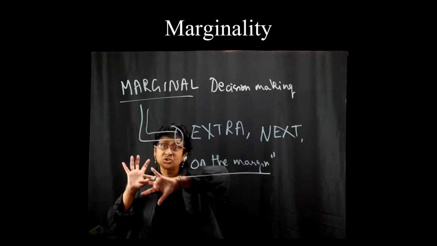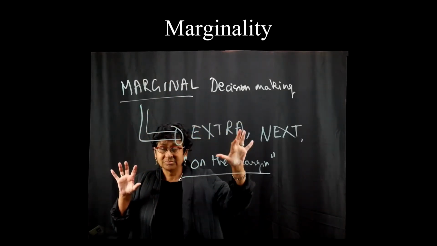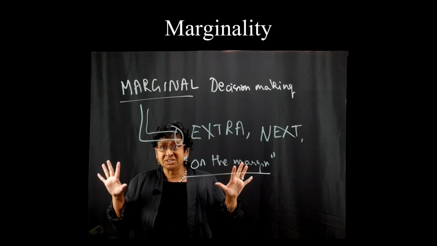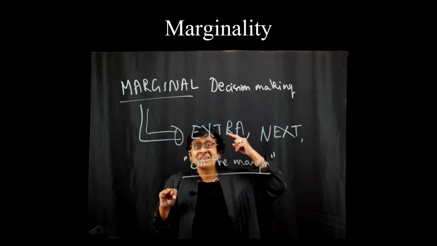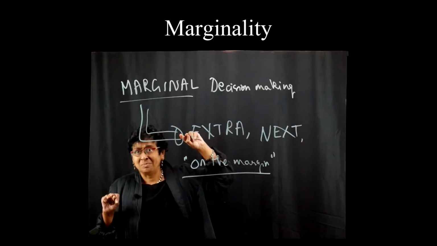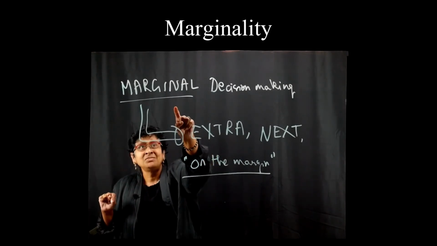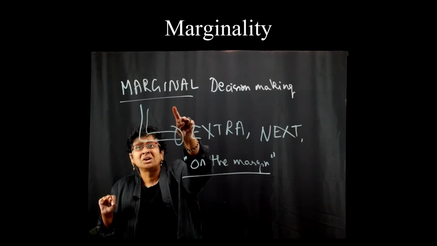So just remember, there's a social environment in which decision making happens, competitive markets, and there is a behavioral decision making process. And that behavioral decision making process we're going to call marginality.